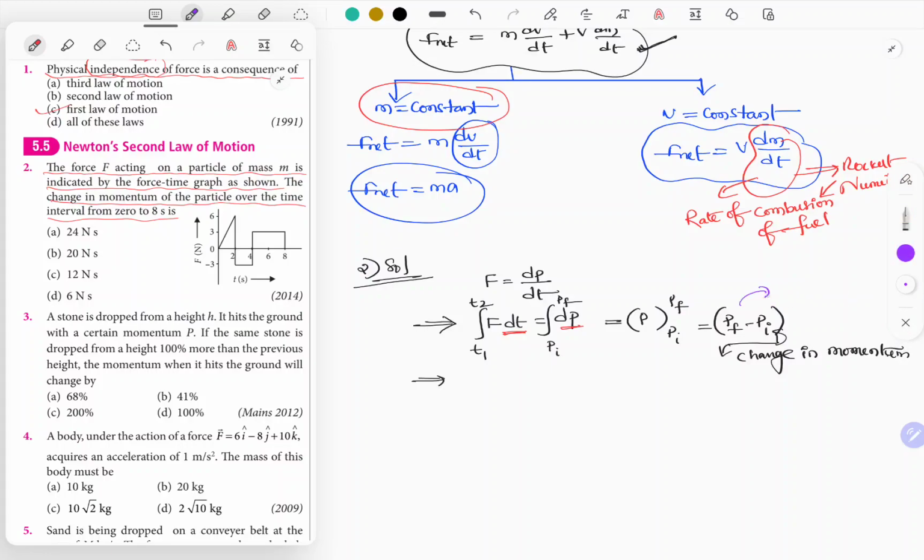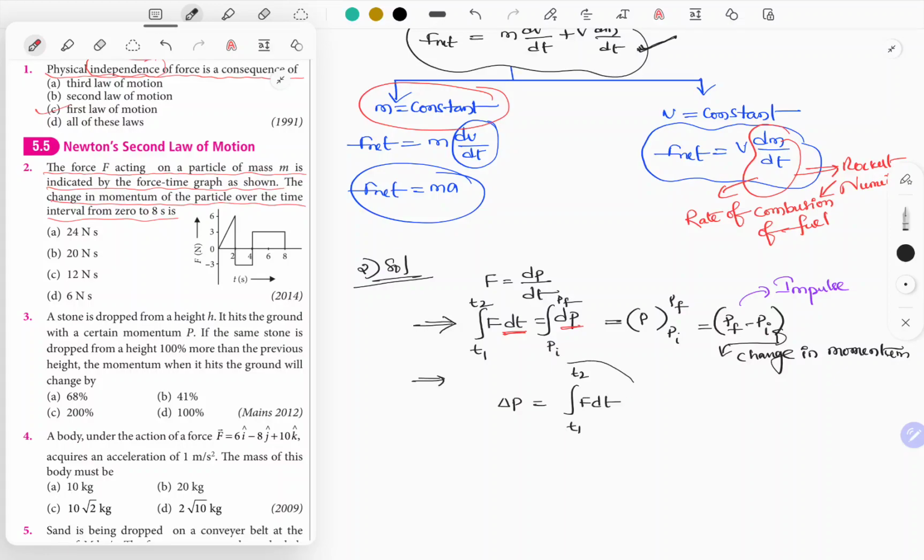Remember, it is also named impulse. Linear impulse or angular impulse? It is a linear impulse. Remember. Now, change in momentum is equal to the integral from t1 to t2 of F dt.